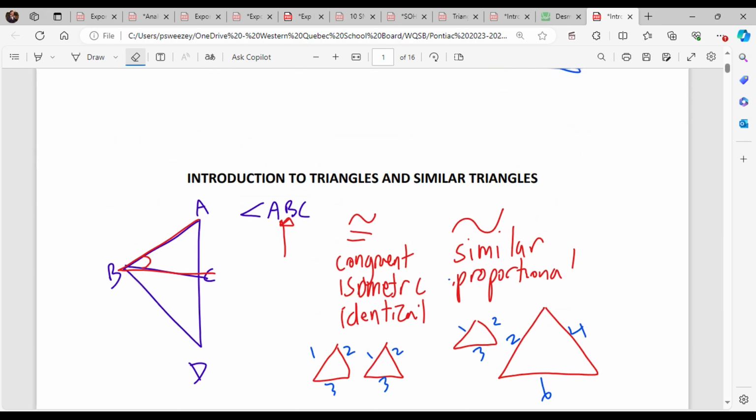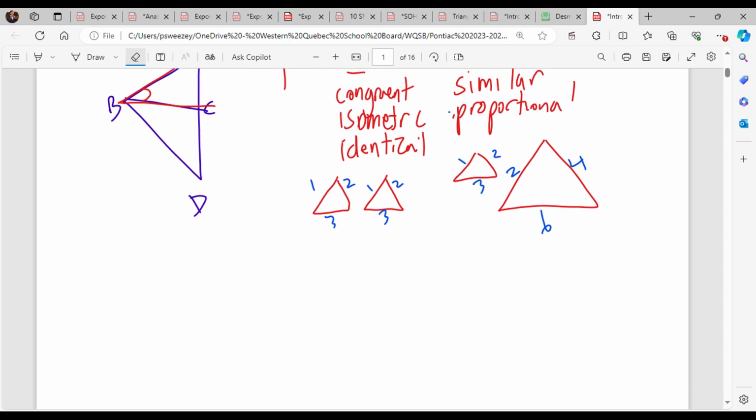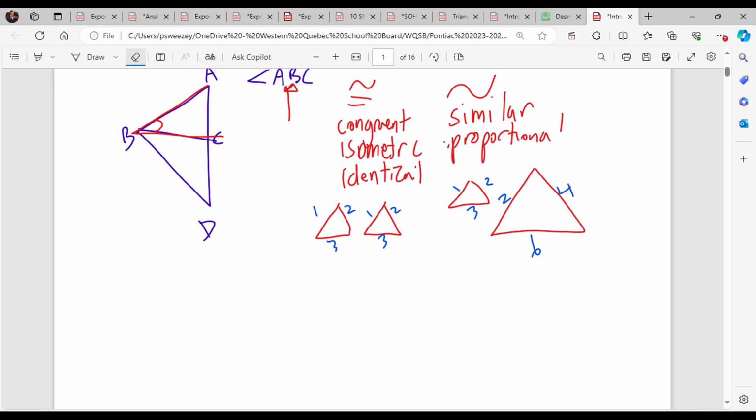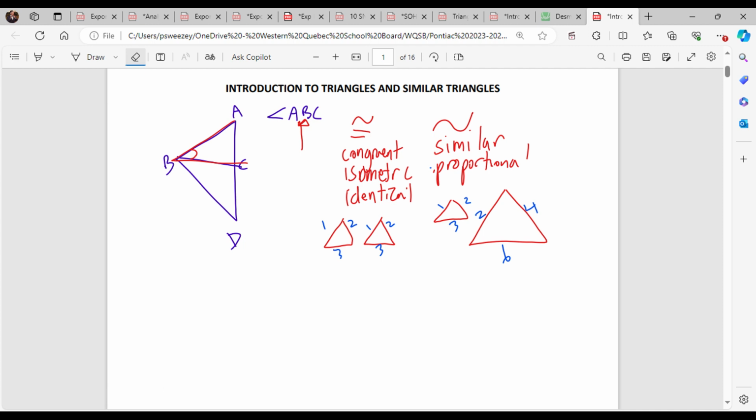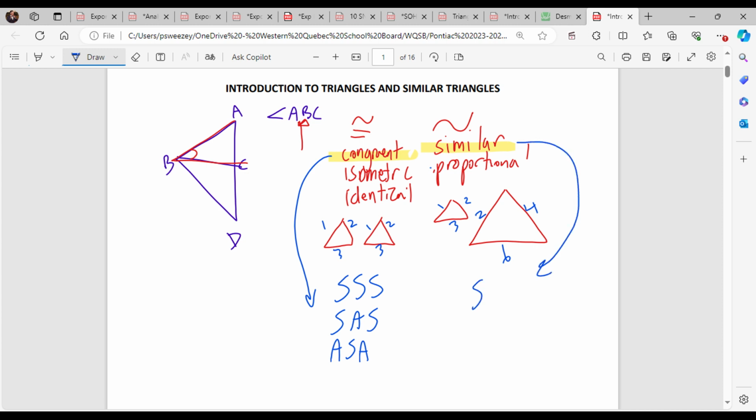If you want to go back up to the first page here, right underneath it, now that we know what we're talking about, where it says similar and congruent and all that stuff, what I would do is potentially outline or highlight or underline those words, as that's how it will be denoted. Then write down the theories for congruent right here, and write down the theories for similar right here.